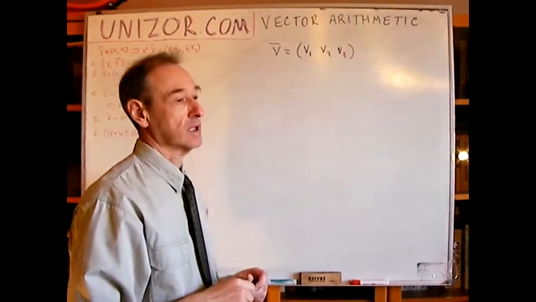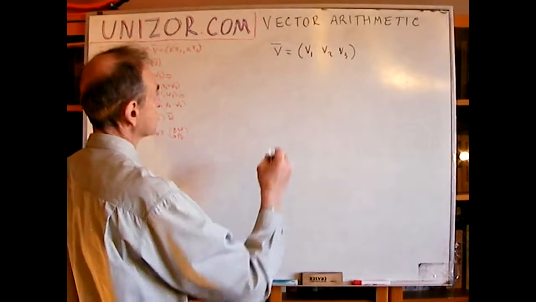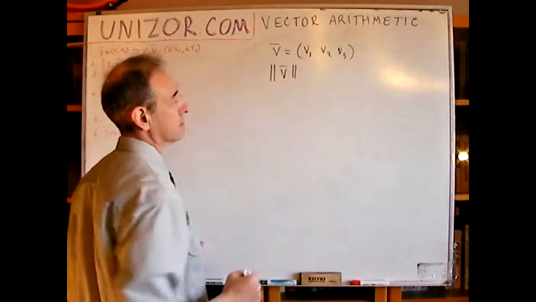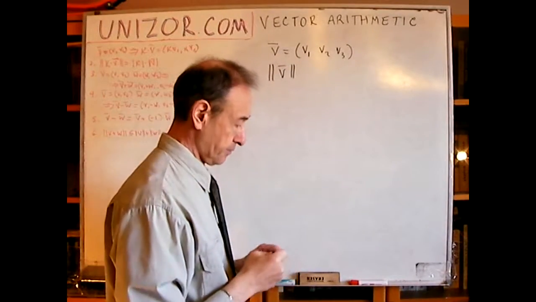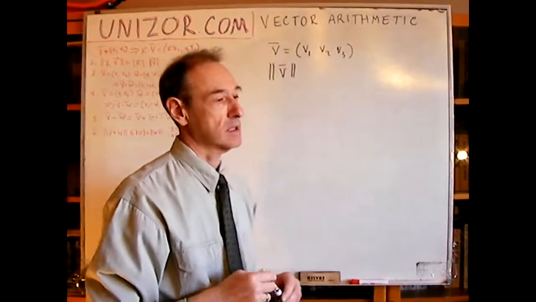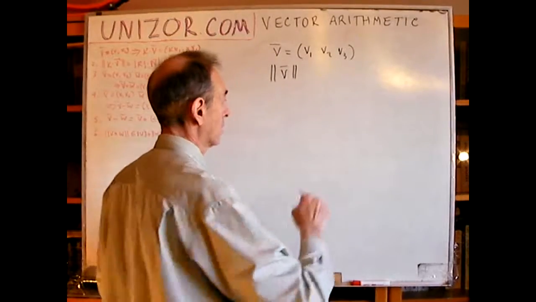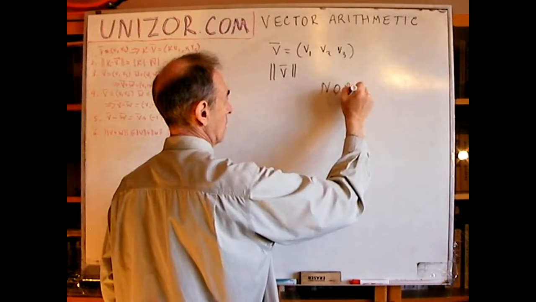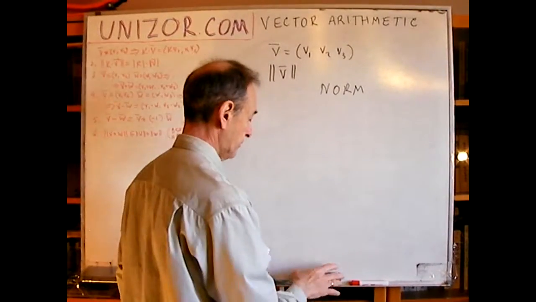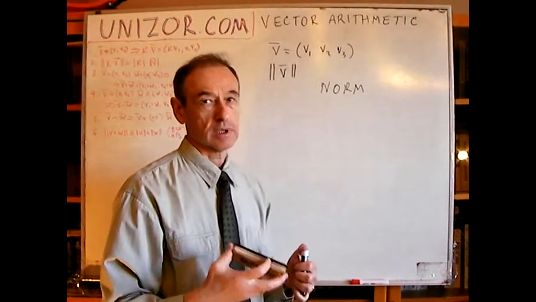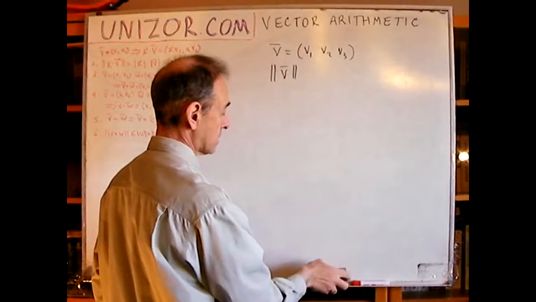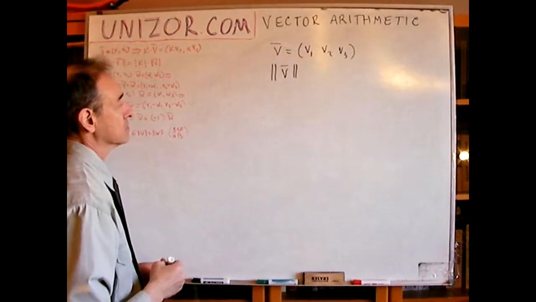Now, another thing is the length of the vector. For the length, I will use double bars. By the way, sometimes the length is called a norm of the vector. This is a term borrowed from a little bit more abstract concept of vector spaces. So norm or length, exactly the same, so I will use it.